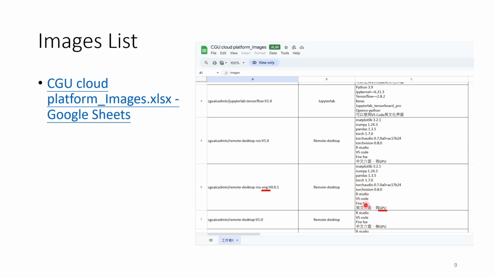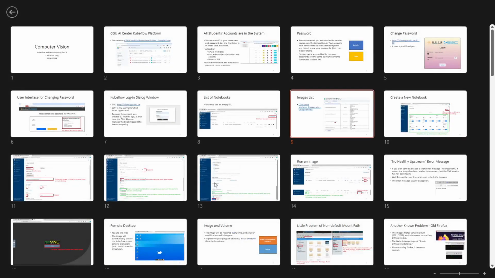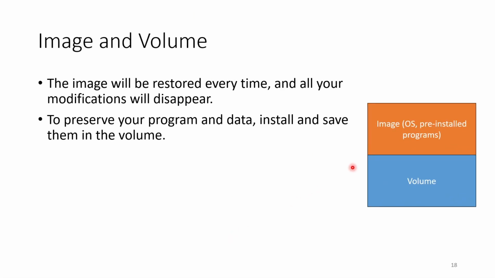Also, they are programs. Once you shut down or close the session and reload the image, they will totally restore to the default status. If you install any programs or save your data in the image, then you will lose them.